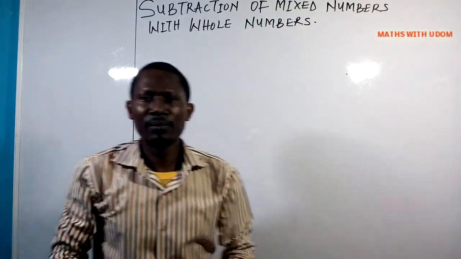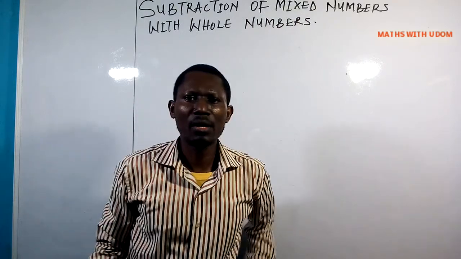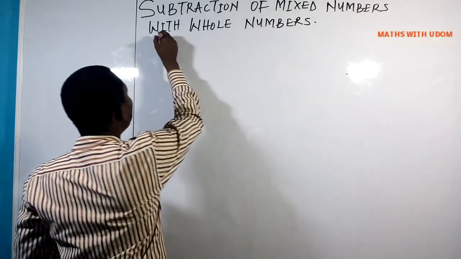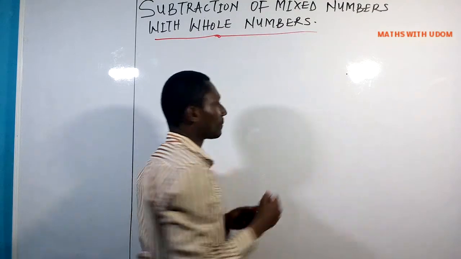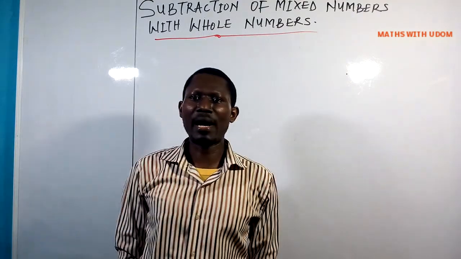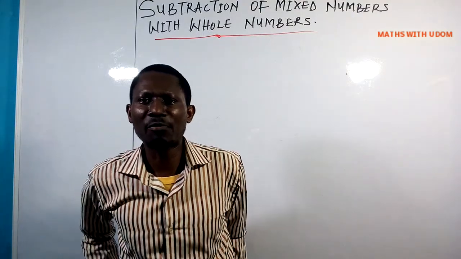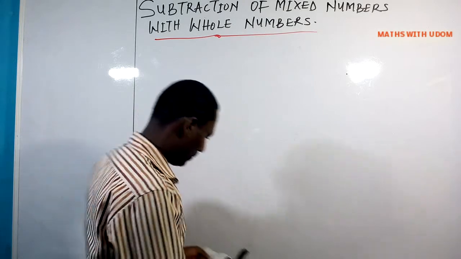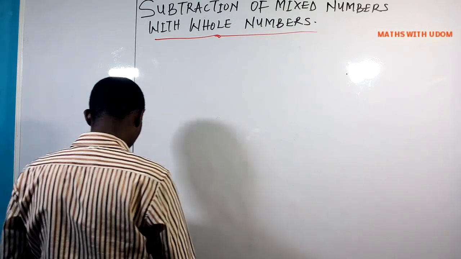Okay, subtraction of mixed numbers with whole numbers. So let's start with our examples for today. We are going to look at 5 examples.